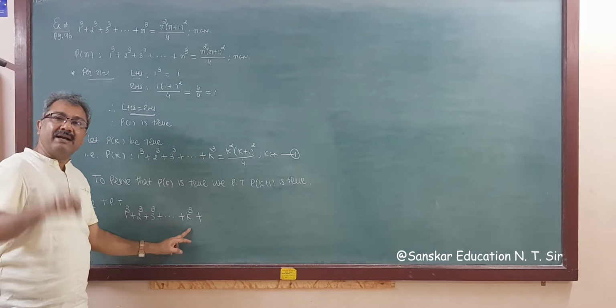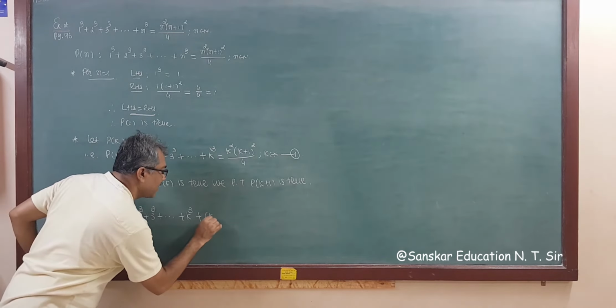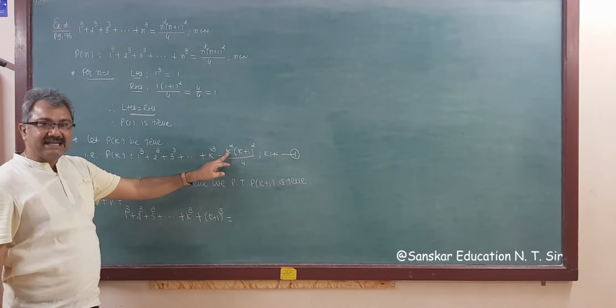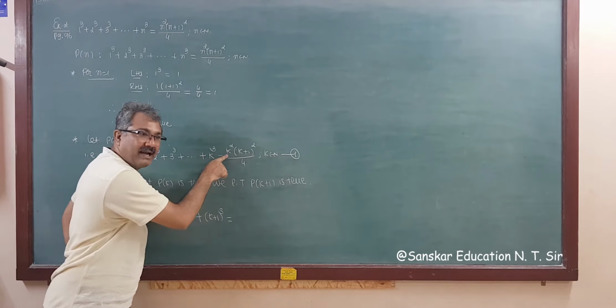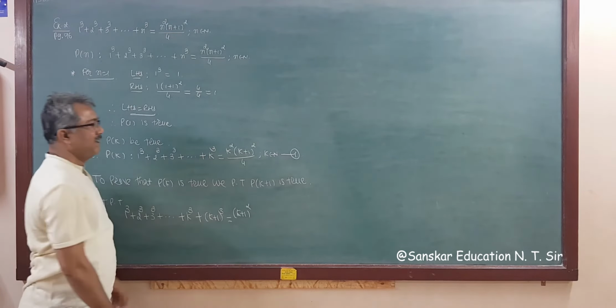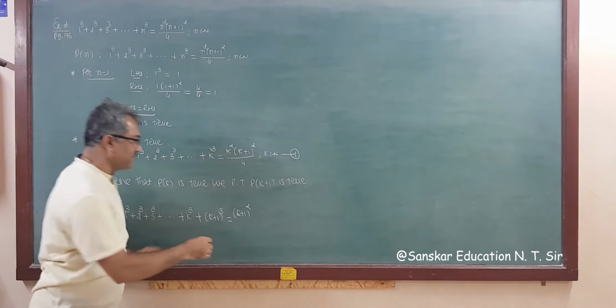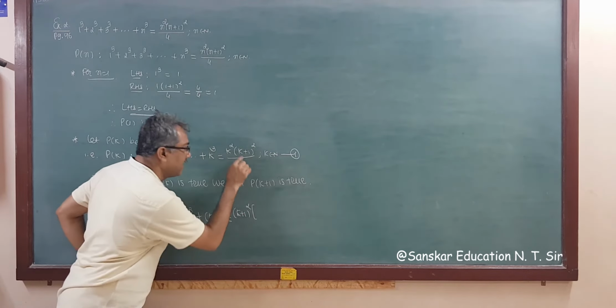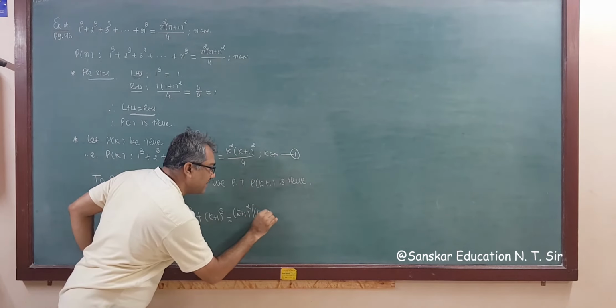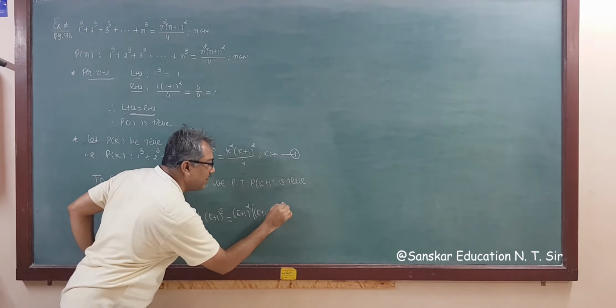Now replace k by k plus 1. So k plus 1 whole cube is equal to k square, you have to replace k by k plus 1, so k plus 1 whole square. Then replace k by k plus 1. See, write properly here. I am replacing k by k plus 1 and then plus 1 whole square.